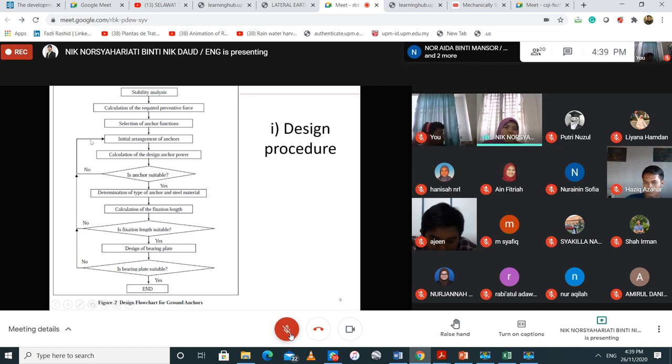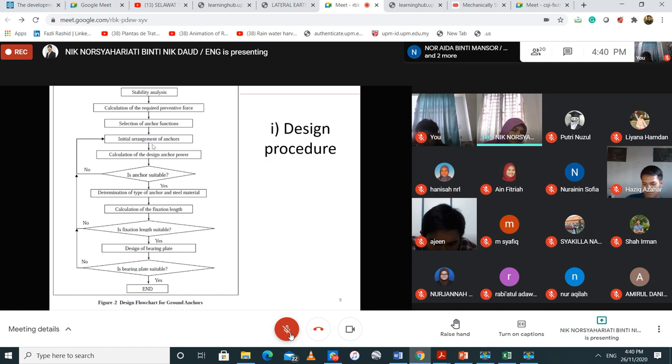It just goes back to check the initial arrangement, because you know arrangement of anchors tu depends on the availability ataupun the existence of the bedrock, tempat yang dia akan memegang. At the same time, you need to design the grouting amount of volume yang you nak masa you nak install the ground anchors tu, masa you nak install paku tu lah, pendek cerita.